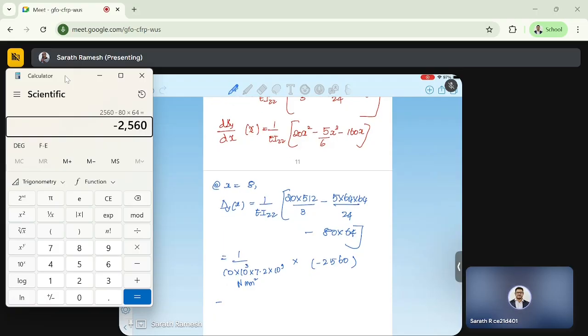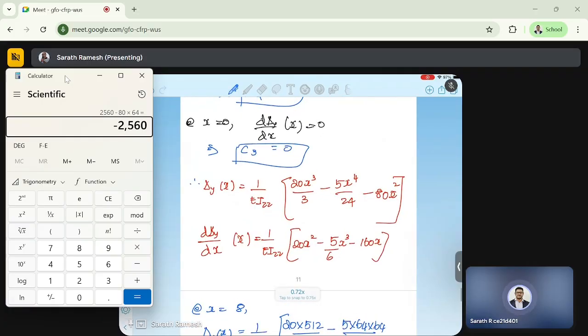So this has to be multiplied with 10 power 3 into 10 power 3. So we need to be a little cautious with units here. Just a minute, let me recheck once.